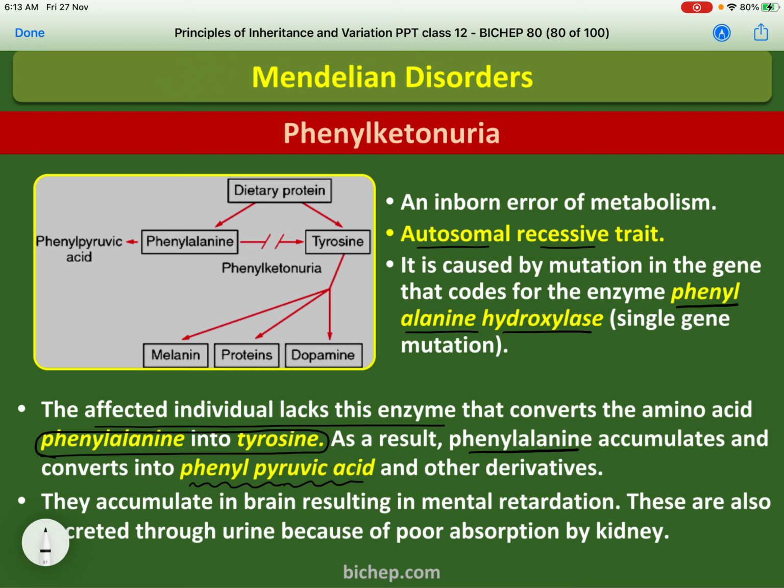Phenylpyruvic acid remains in the blood for a longer period of time and accumulates at various parts of the body including the brain, and if it accumulates in the brain, it results in mental retardation. It is also distributed around the body by blood, and it gets poorly absorbed by the kidney as well.